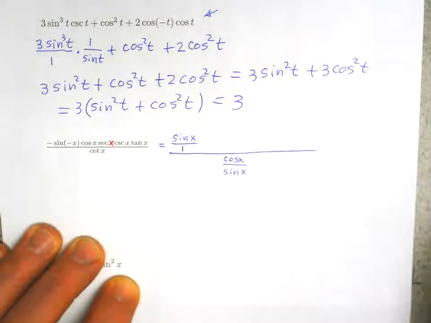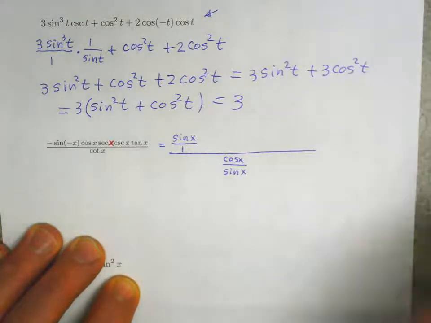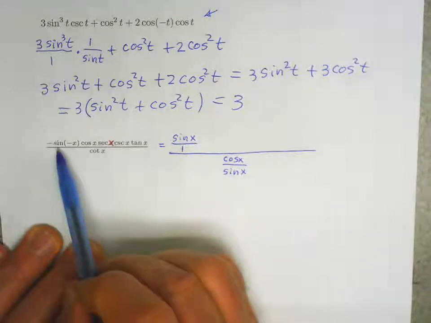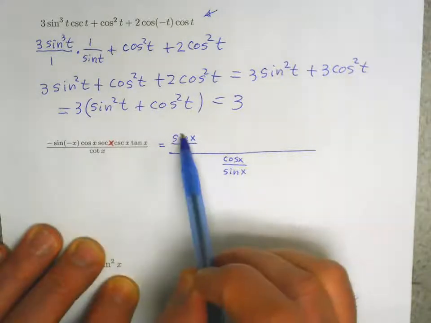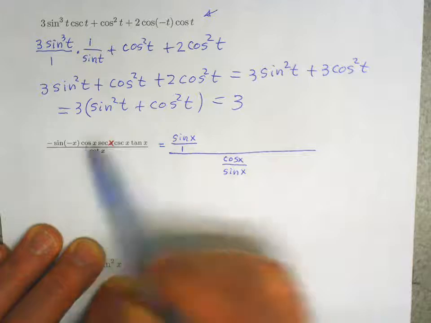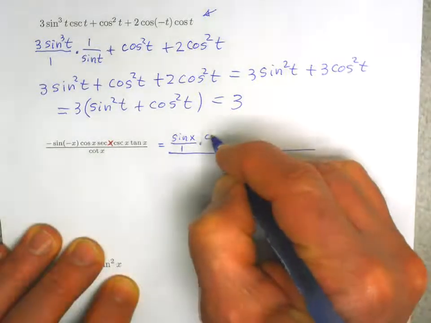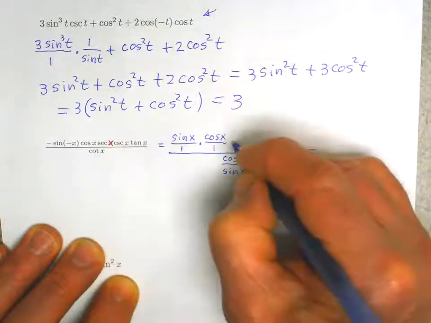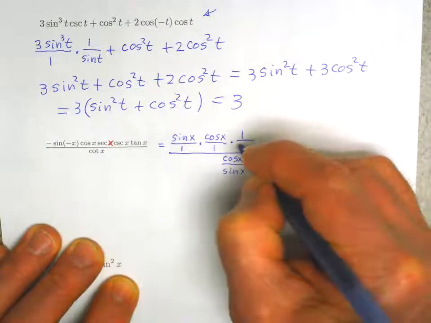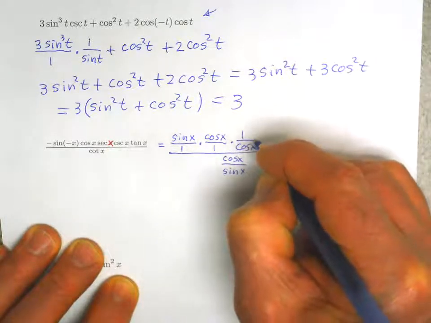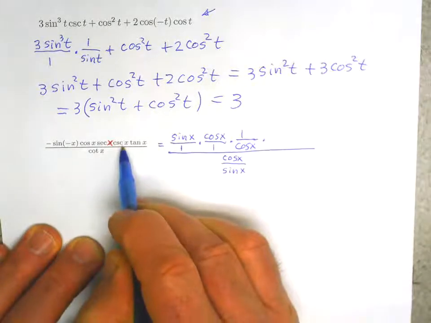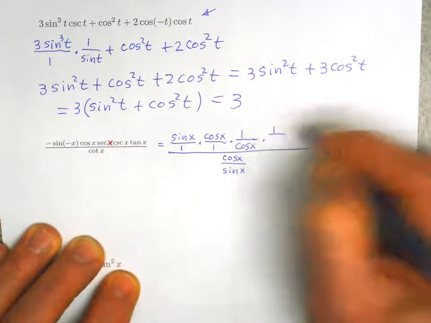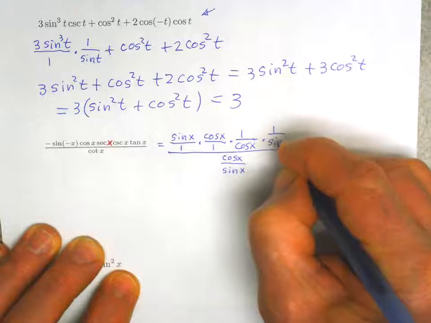fractions or rational expressions. So negative sine of negative x simplifies to sine of x over 1, and then times cosine of x over 1. Secant of x is 1 over cosine of x. Cosecant of x is 1 over sine of x.